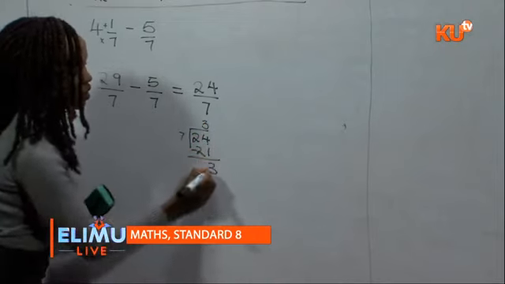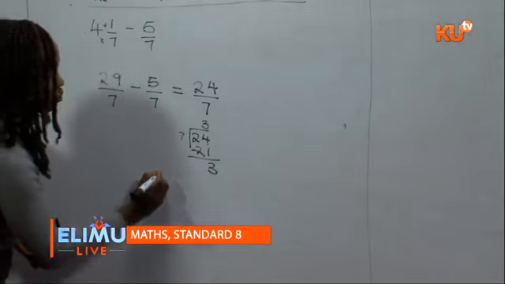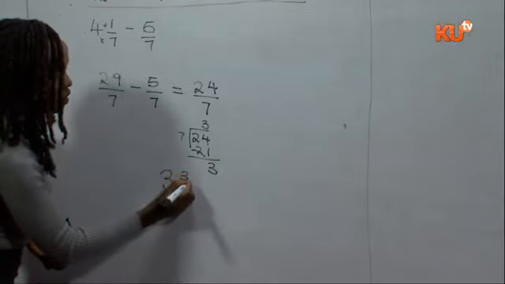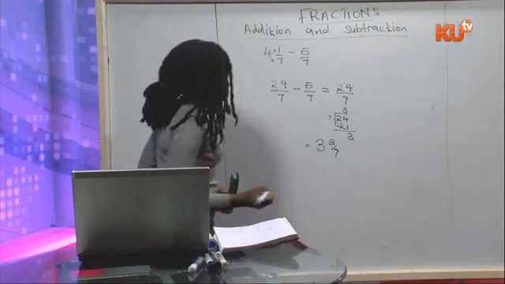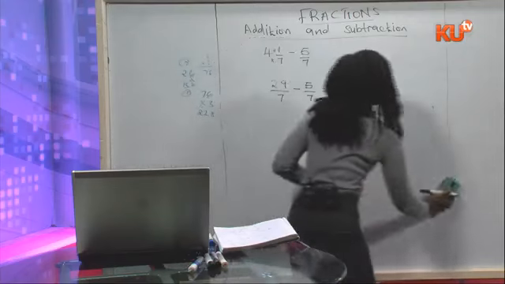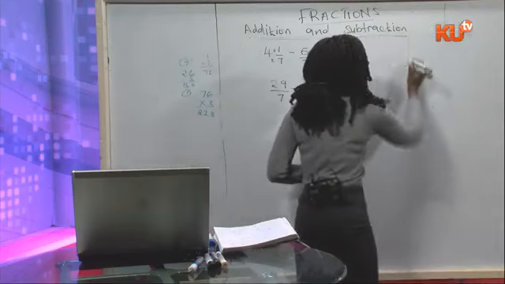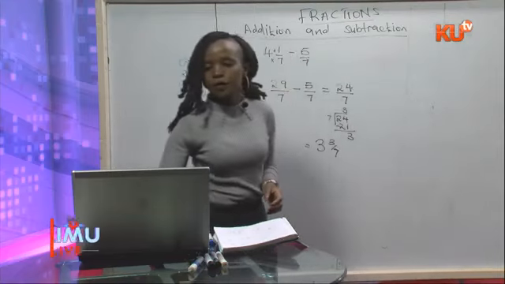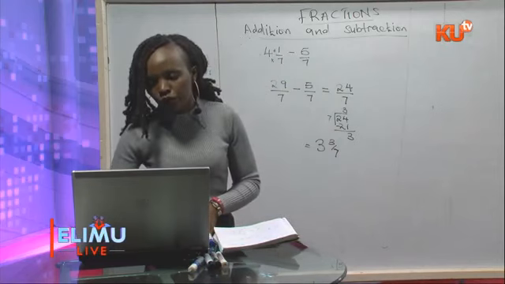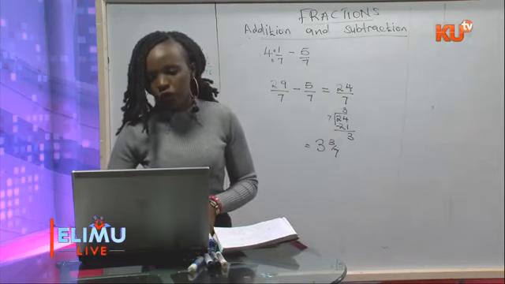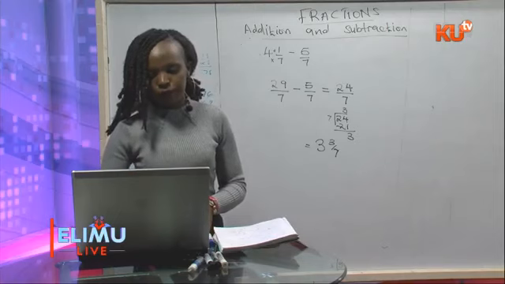We get 3. So our answer is going to be 3 and 3 over 7. So that is example number 3. We go to our next example.